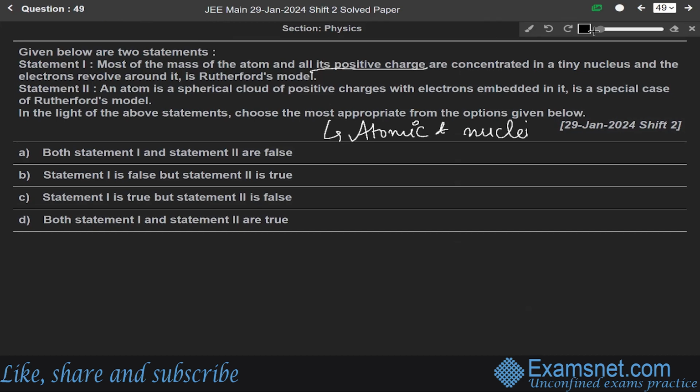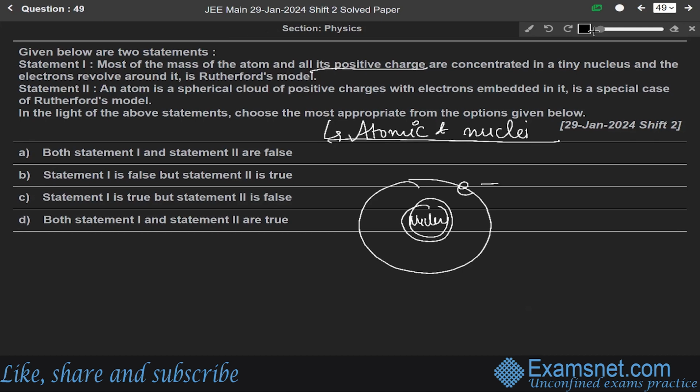As we all know, the famous Rutherford model: according to the Rutherford atomic model, most of the mass of an atom and all its positive charge is concentrated in the tiny nucleus, and the electrons revolve around it. According to the Thomson atomic model, an atom is a spherical cloud of positive charge with electrons embedded in it.